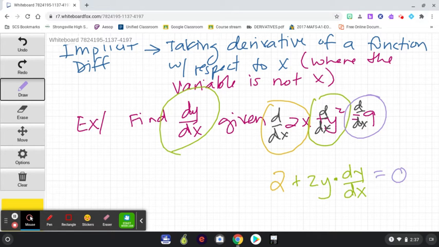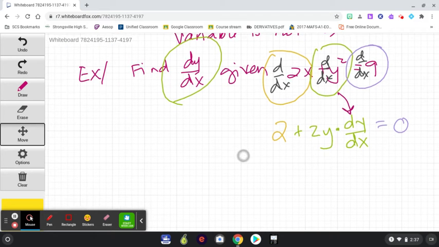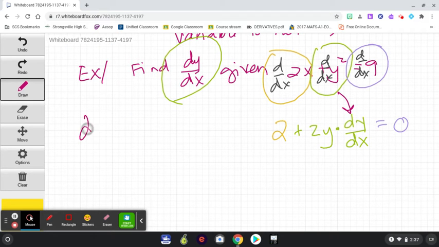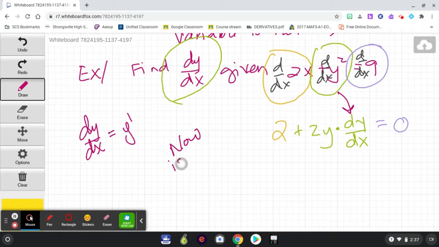So the big deal here is that I need to multiply by the derivative of that variable. You could write dy/dx when you do that multiplication, or you could write y prime. Those two things are equivalent, okay? Then your job is to isolate the dy/dx. Implicit differentiation like this will pop up in all sorts of places.